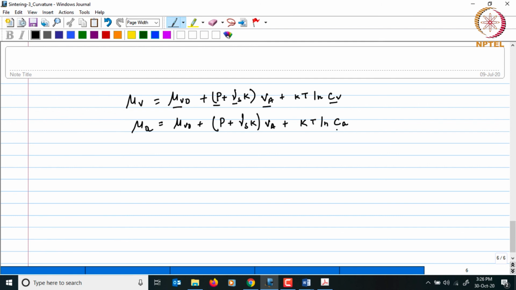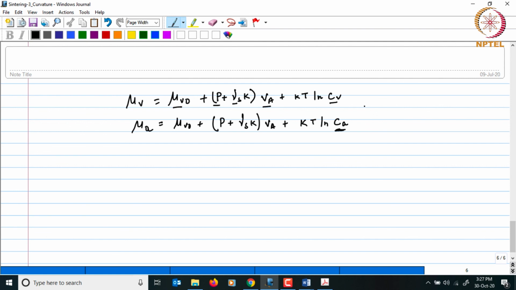Here Ca is the fraction of lattice sites occupied by the atoms in the crystal. So Cv and Ca are generally very small, and therefore you can see that the chemical potential primarily depends on the hydrostatic pressure in the solid and the curvature on the surface.